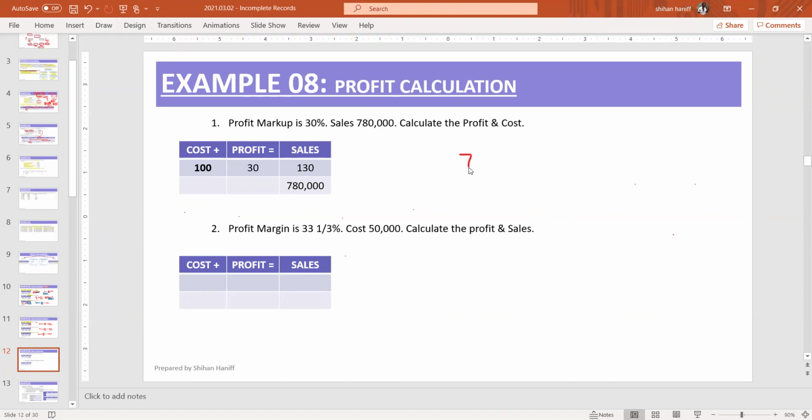How do you calculate the profit? 780,000 is equal to 130, multiplied by 30. Right? And the answer is 180,000.